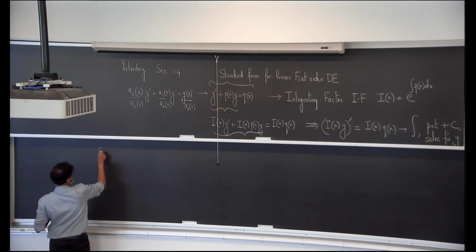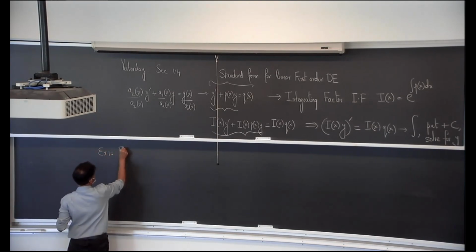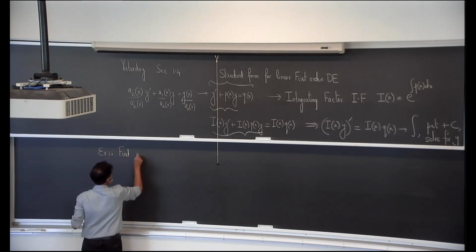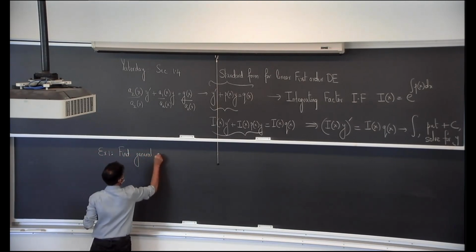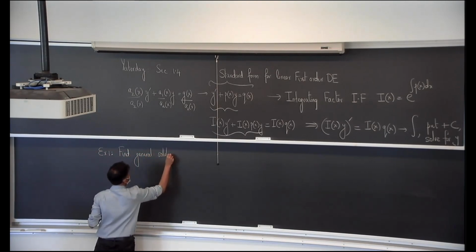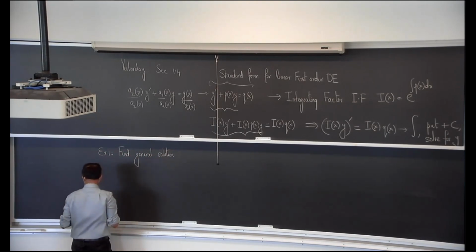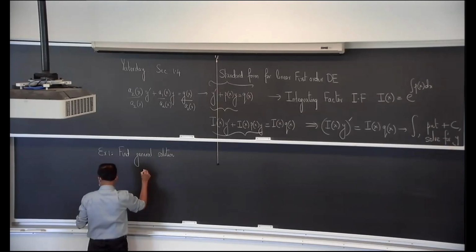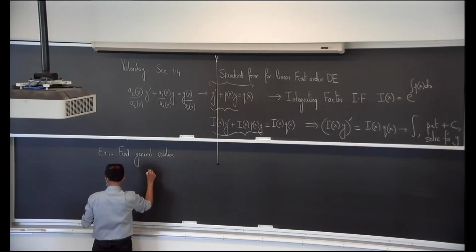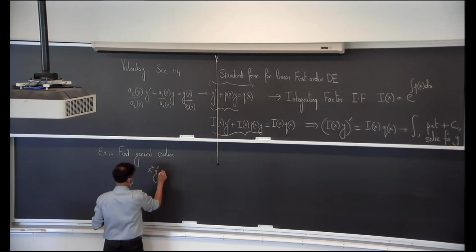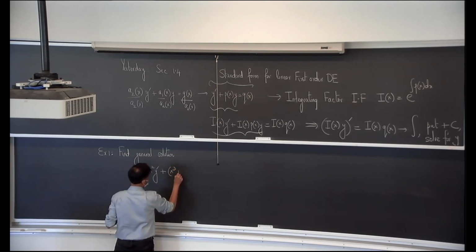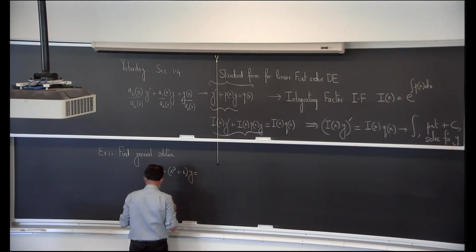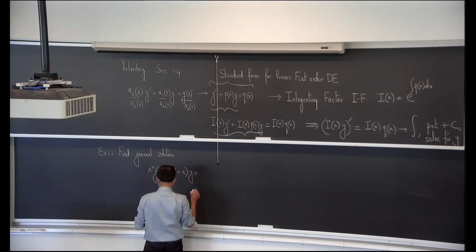So example 1, find the general solution for x square y prime plus x to the power of 3 plus x times y equal to x square.